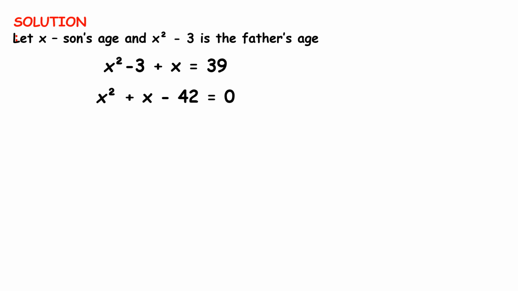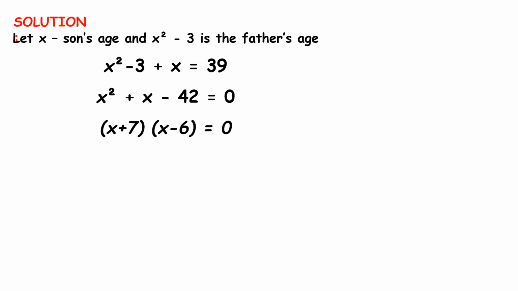And of course, by equating it to 0, the 39 will be transposed to the other side of the equation. So it becomes minus 39. So, negative 3 minus 39, combining like terms, this will give you negative 42. You might wonder where negative 42 came from. I combined negative 3 and negative 39 because they were transposed, so they become negative.